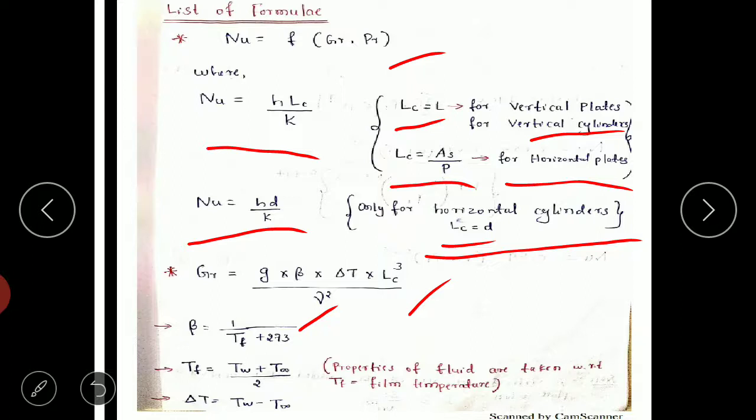Delta T is Tw minus T infinity, which is shown here in the last line. Lc is the characteristic length, as we discussed just earlier. Then nu is kinematic viscosity, which is obtained from temperature Tf. Properties of fluids are taken with respect to Tf, which is the film temperature.